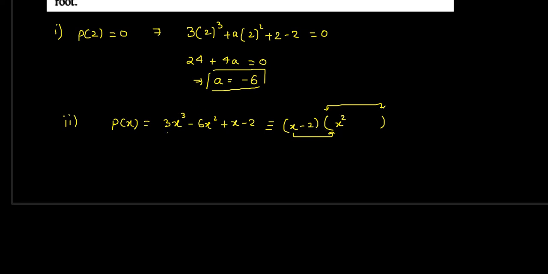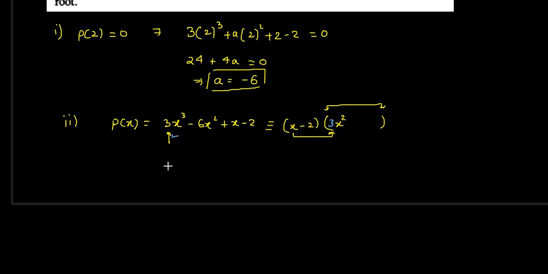But here in the answer I have 3x square. Okay, I cannot make any changes in x minus 2, right? So this has to be 3x square. You can check here that if this 3x square is multiplied by this x, you will get 3x cube. Okay, fine, this term we obtain.